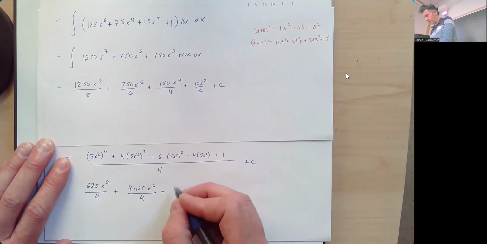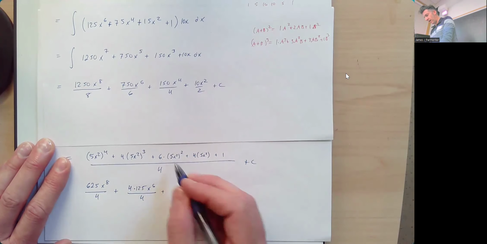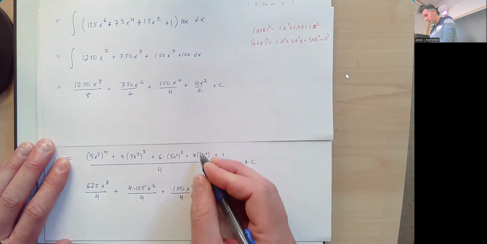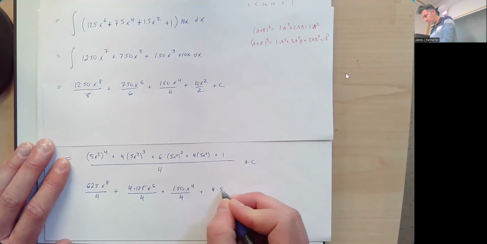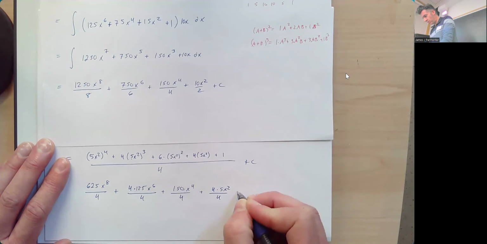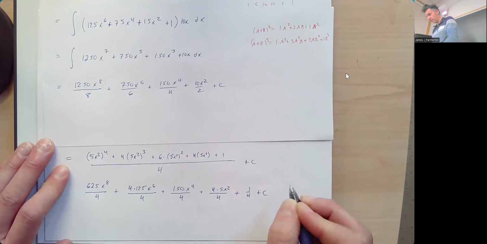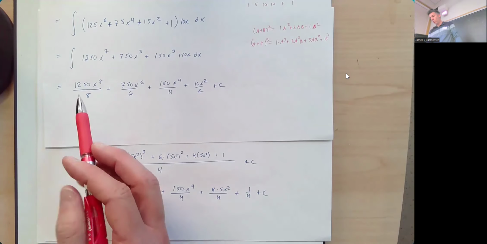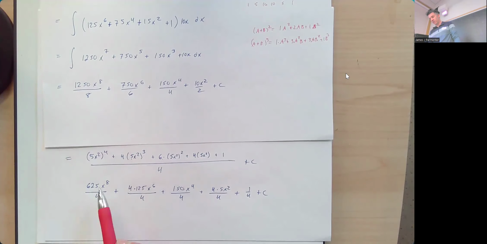And then I'm going to have 6 times 25 is 150, x to the 4th over 4, plus 4 times 5x squared over 4, plus 1/4 plus c. So now let me ask you, are these the same? So is 1,250 over 8 the same as 625 over 4?